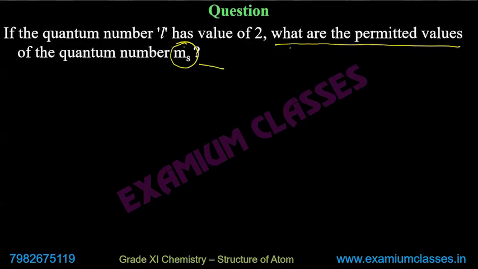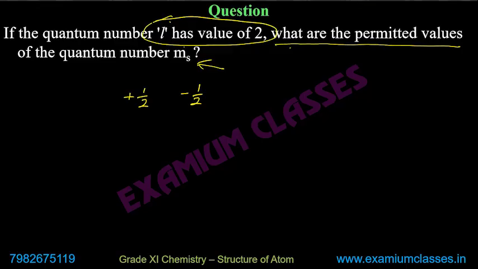Might be you are on a mobile device and this ms is looking like ml probably. ms can have only two values, plus half and minus half. That is the answer. Whatever shell, whatever subshell, whatever orbital, it will have these two values only. l has value 2, that does not matter. Any orbital will have plus half and minus half value.